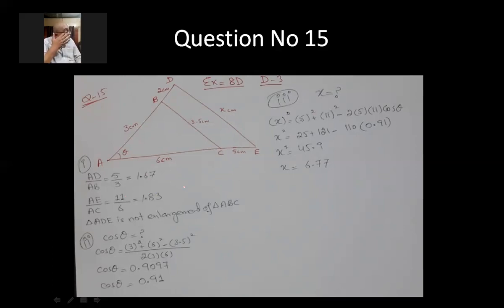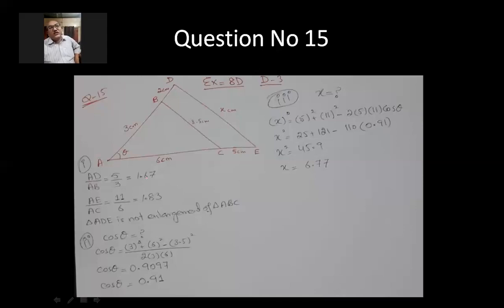So it means that it's not the enlargement of the triangle ABC. Okay, so very technical question. It involves the concept of similar figures, which you have studied in your 8th class. Okay, so let's move to the next question.